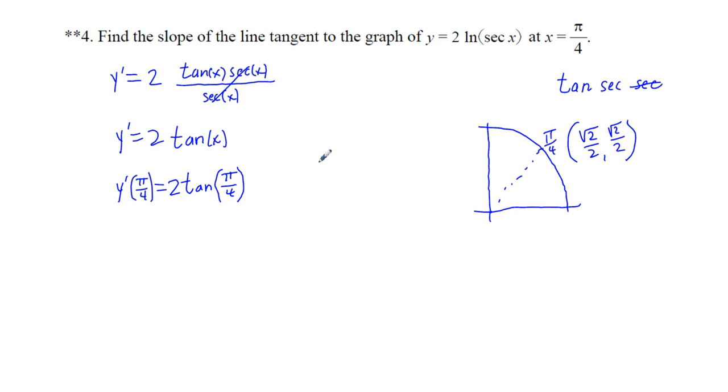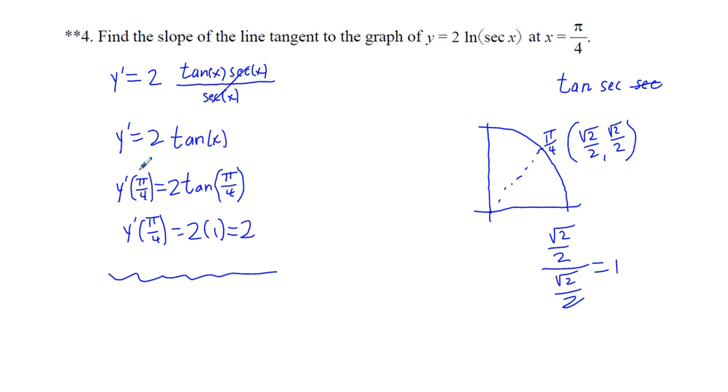And so our tangent, since tangent is sine over cosine, is square root of 2 over 2 over square root of 2 over 2, which is equal to 1. So what we have is y prime of pi over 4 equals 2 times 1, which is 2. So that's our answer to problem number 4.